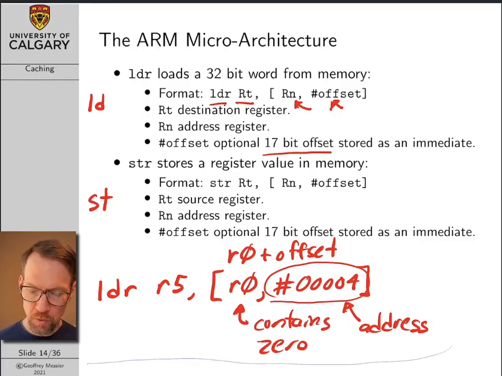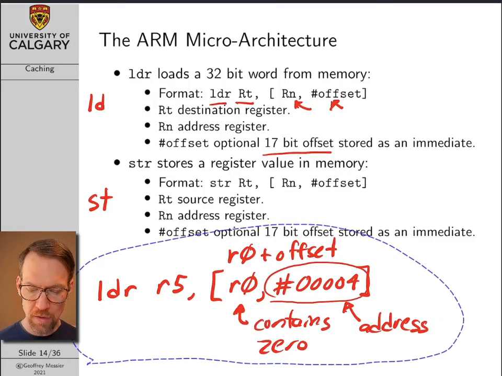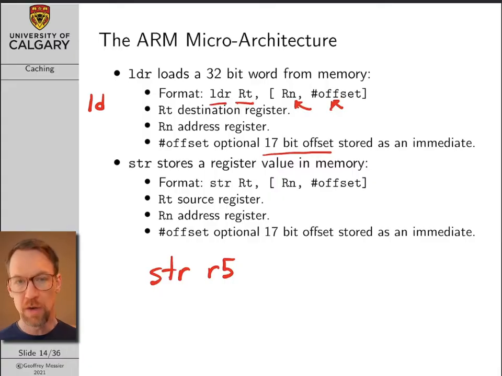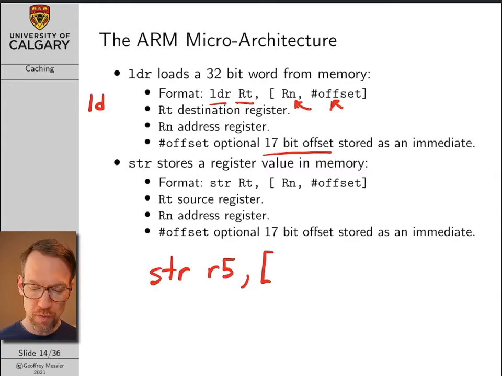The store word command, STR, works in basically exactly the same way. The format is STR, and then you give the register that you want to write to data memory, again, R5, R6, whatever it is. Then the address that we want to write to is equal to our register Rn plus our offset.